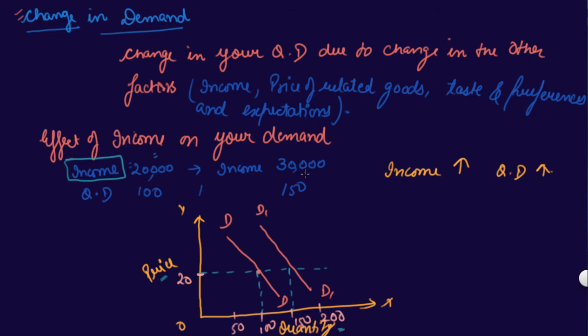When your income has become 30,000 from 20,000, your income has increased, your quantity demanded has also increased. So there is a rightward shift of your demand curve, that is your increase in demand.